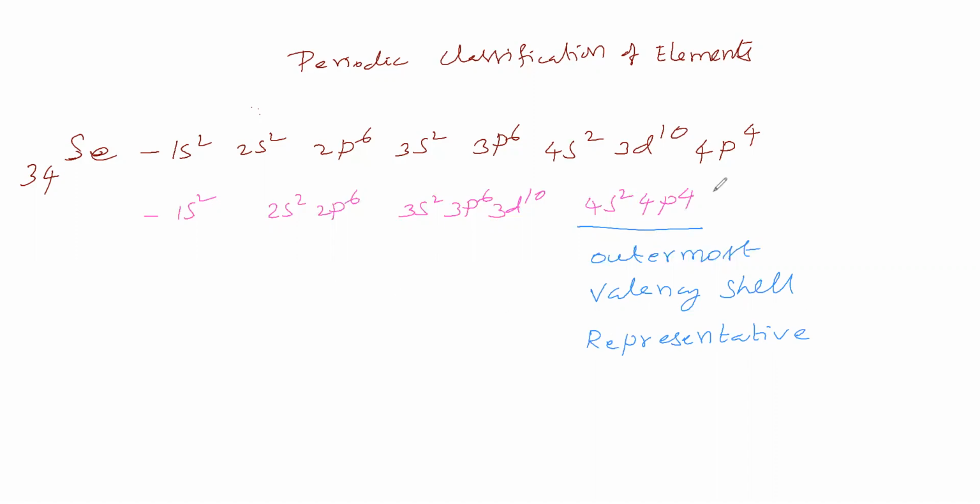In selenium, the last electron goes to the p orbital. Therefore, selenium comes under p block elements. The last, or differentiating, electron goes to the p orbital.